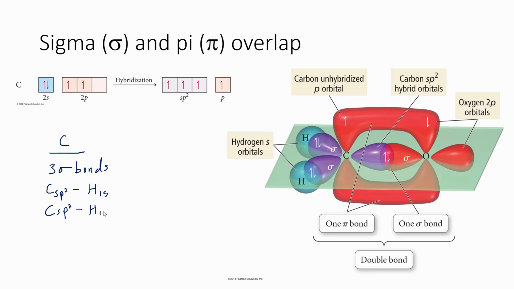And we have a carbon sp2, that's this purple one right here, and an oxygen unhybridized 2p orbital, that's here and here. That's our sigma bonds. And then carbon also has an interaction with oxygen where it has one secondary or pi bond for the multiple bond between carbon and oxygen. And that happens between a carbon 2p orbital and an oxygen 2p orbital. Excellent.